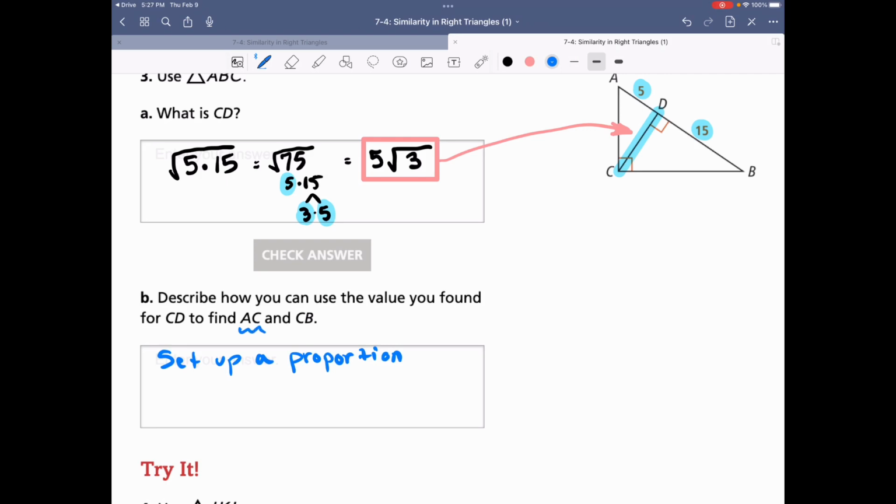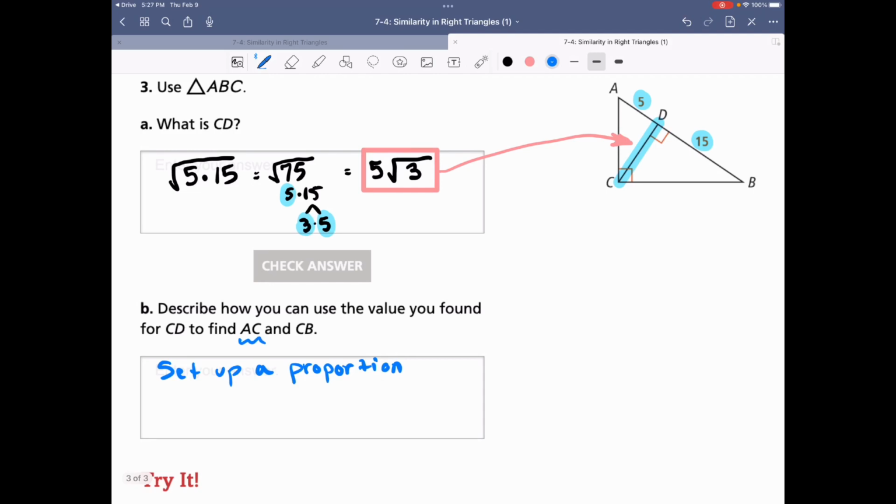So to find AC, I'm just going to draw it again. AC is here, which is part of the small triangle, and it's part of the larger outside triangle. So we are dealing with this inside triangle, and we're also going to deal with the outside triangle, the whole thing.